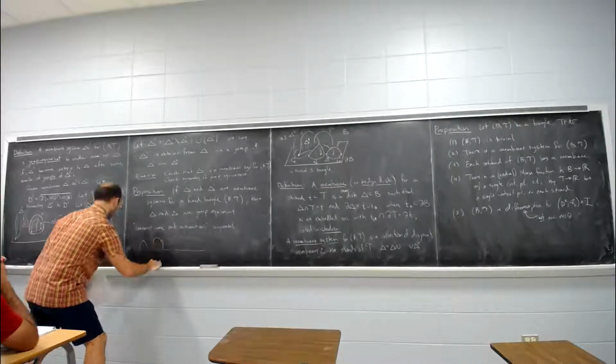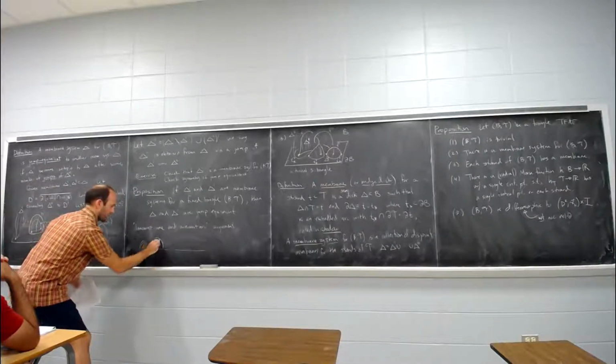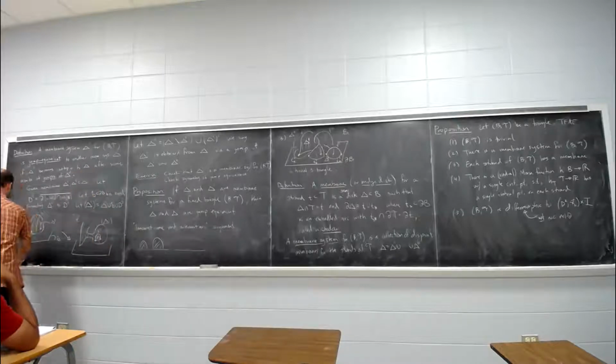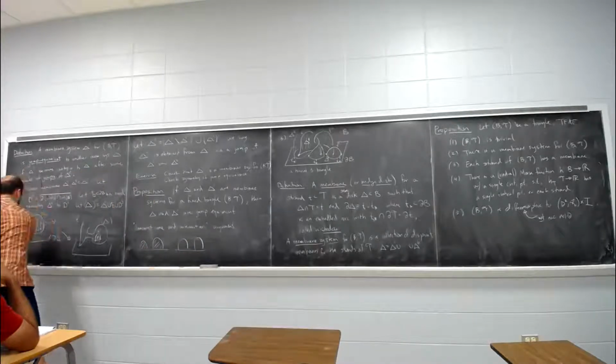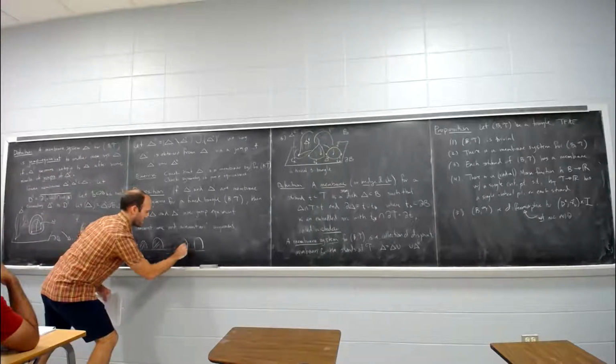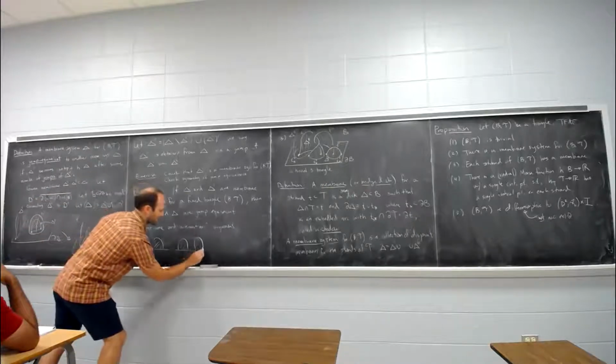let's see, system 1 here, and maybe the orange guy has yellow disks, and then I have system 2 over here. The green guy has red disks. I guess the arcs are the same thing.